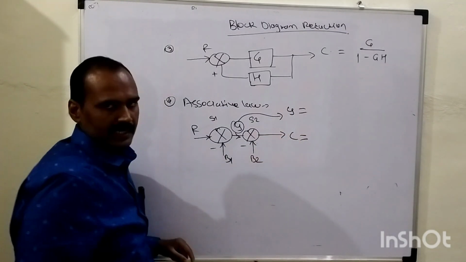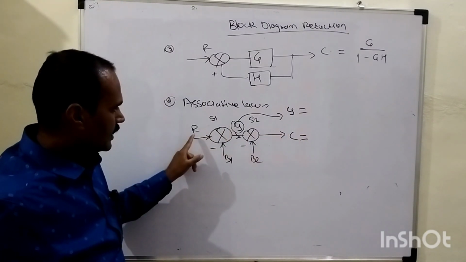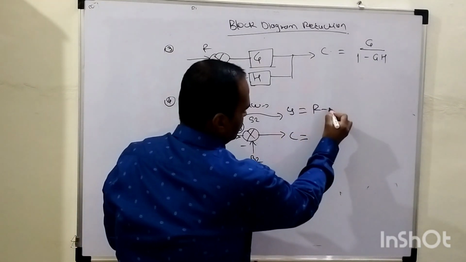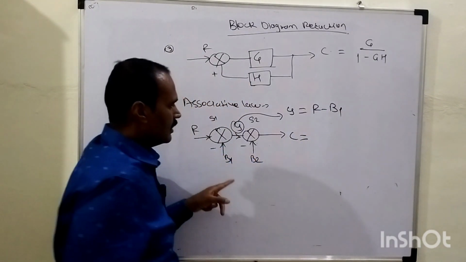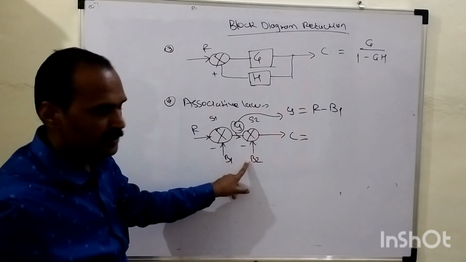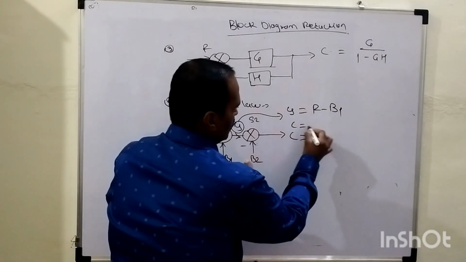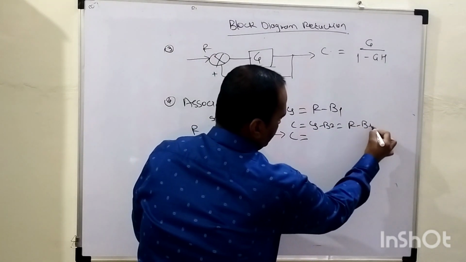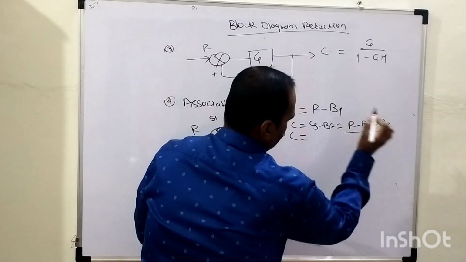So how to get this Y? Y equals R minus B1, right? And what is the output of the second summing point? C equals Y minus B2, right? So it will become R minus B1 minus B2. This is the entire statement, right?